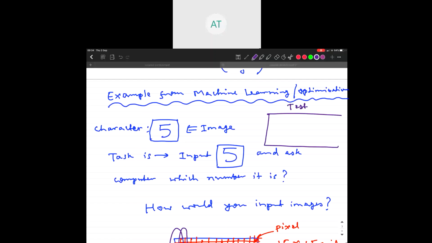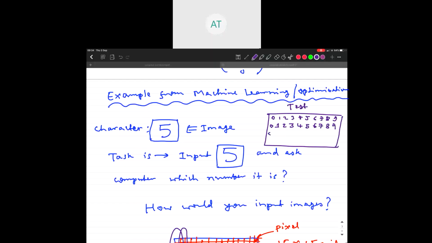So a test data set could be like, you can have 0, 1, 2, 3, 4, 5, 6, 7, 8, 9. You can also write 0, 1, 2, 3, 4, 5, 6, 7, 8, 9.